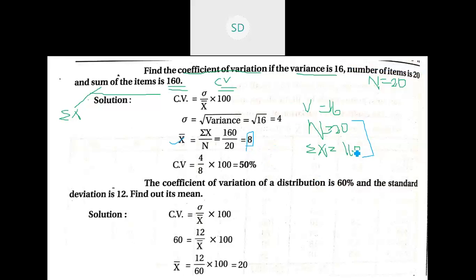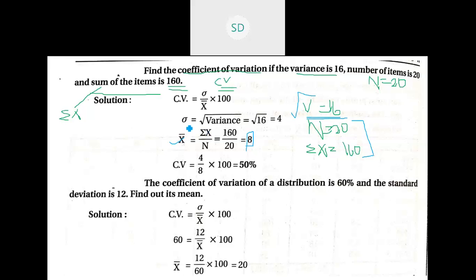Next, they have given us variance and not standard deviation. When we have variance, it is easy to find standard deviation. All you have to do is take the square root of the variance.